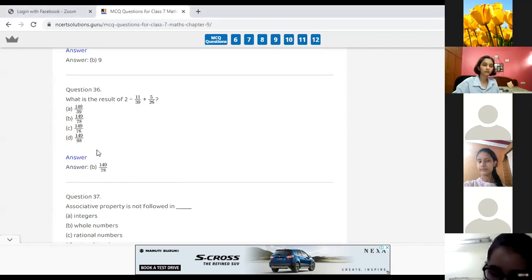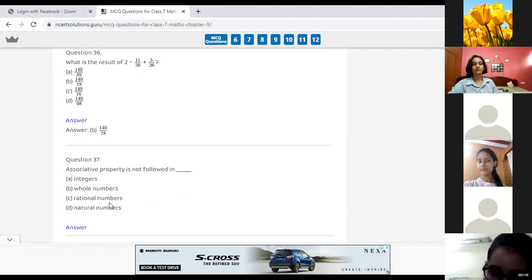Okay, so no need to solve. You can just simply see the denominator. First can be the answer. Okay, so you will have to solve and see. Anyway, this has come. This has 76, this has 98. So out of the first two options you can have your answer.